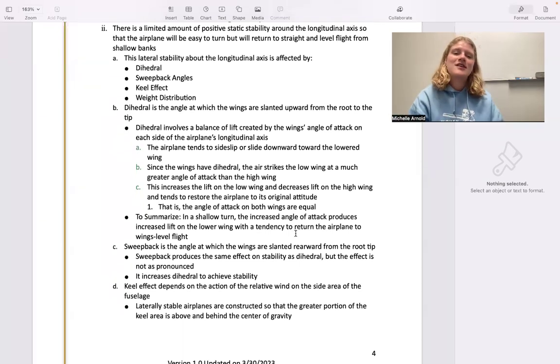So the dihedral is an angle in which the wings are slanted upward from the root to the tip. Dihedral involves the balance of lift created by the wing's angle of attack on each side of the airplane's longitudinal axis.